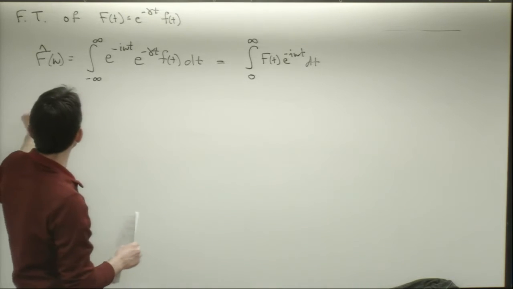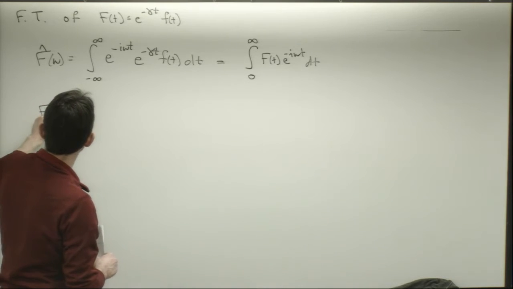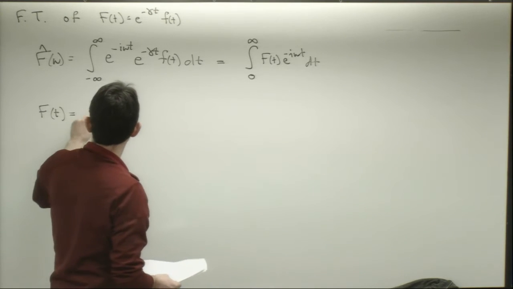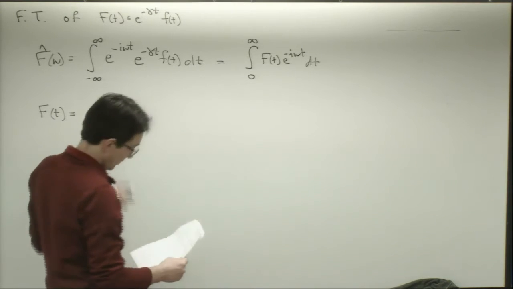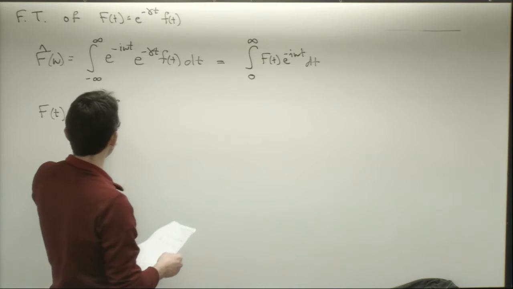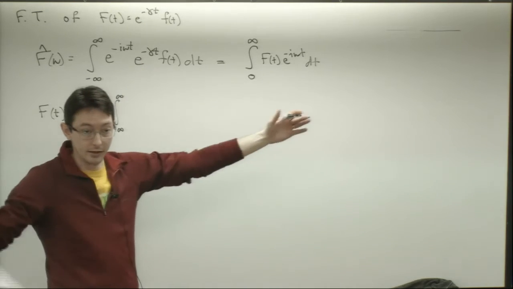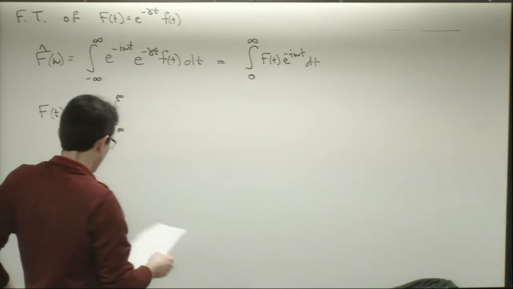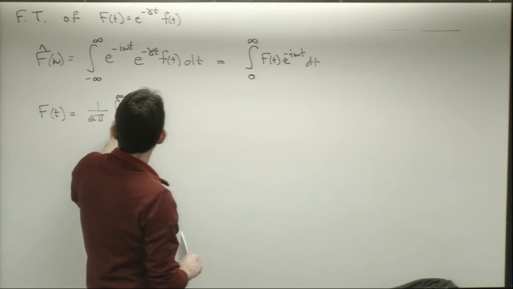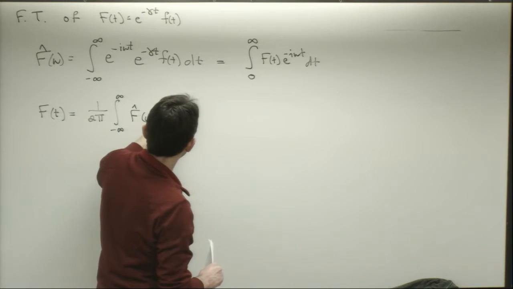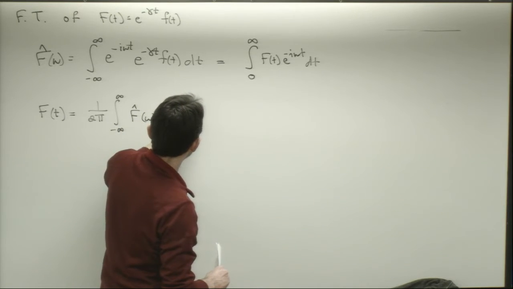And what about the inverse Fourier transform? F of t equals 1 over 2 pi times the integral, now this really is from minus infinity to infinity because my frequency omega can still be defined on all positive and negative frequencies, of f hat omega e to the positive i omega t d omega.